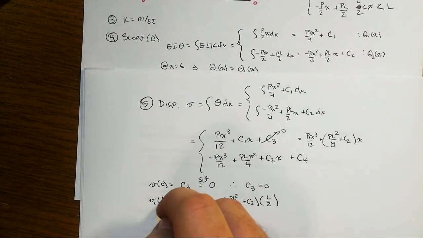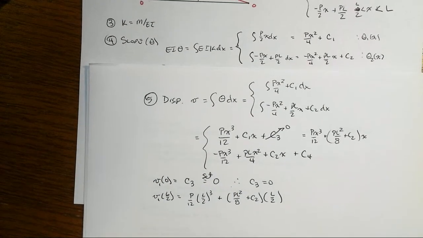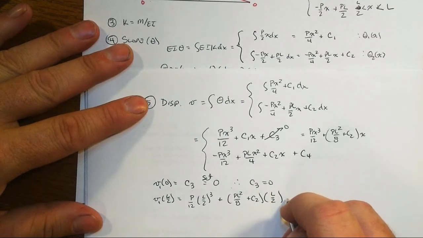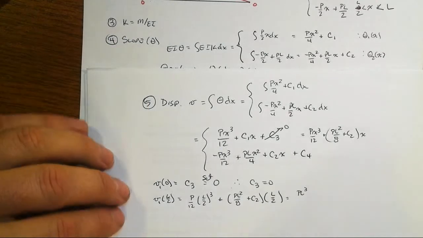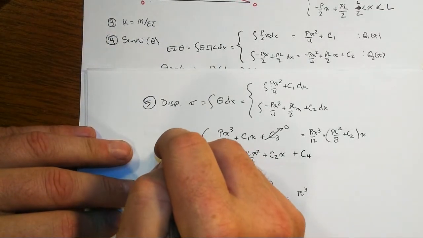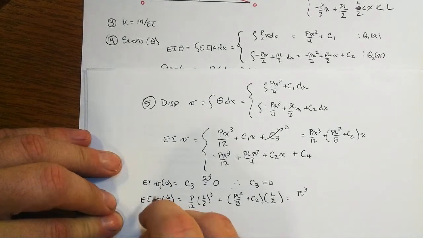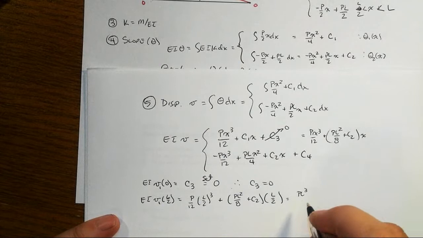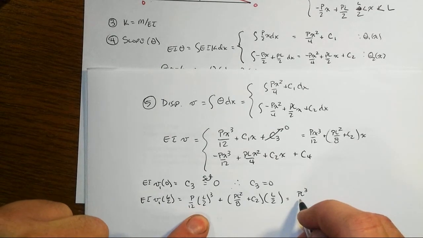That's when we look at the left-hand side of things. When we look at the right-hand side of things, so what does that tell me anyways? PL cubed. You're probably asking me, what did you do with the EI? Well, you're right. I'm a little sloppy here. That's what I did with the EI.